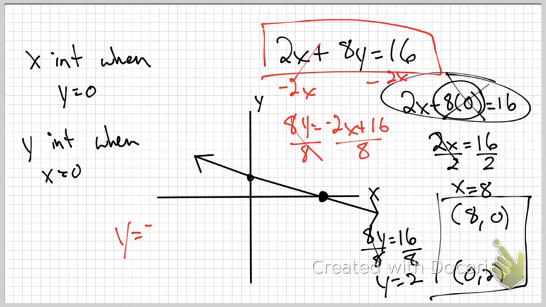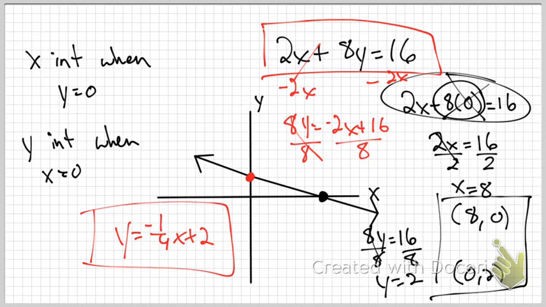I get y equals negative 1/4 x plus 2. So if I have this slope-intercept form equation, what's my y-intercept? The same as 2. Okay, and let's confirm my slope. Down 1, right 4. Check it out. So the big point I want to make again is these are the same line.